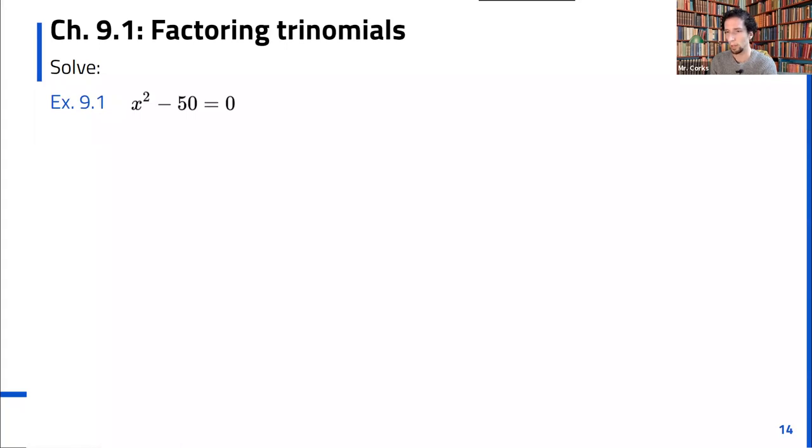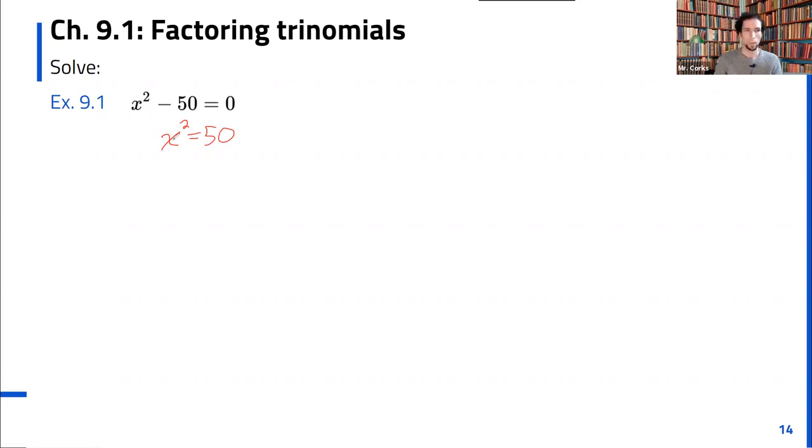Just starting easy here. Move 50 on the left. Okay, so move 50 to the right. x squared equals 50. And?